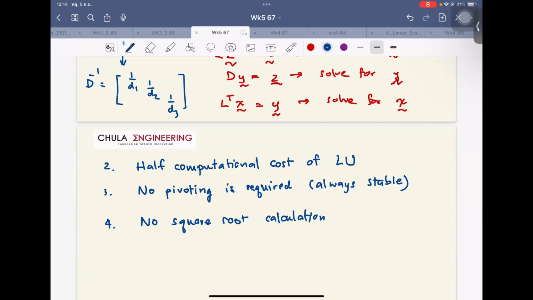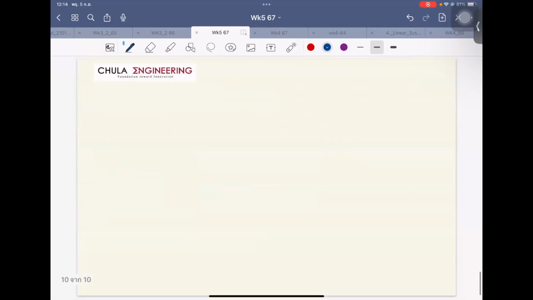Okay. We have 15 minutes left. Let's do a hand calculation for a little bit bigger example. It's going to be the first example in the lecture note.